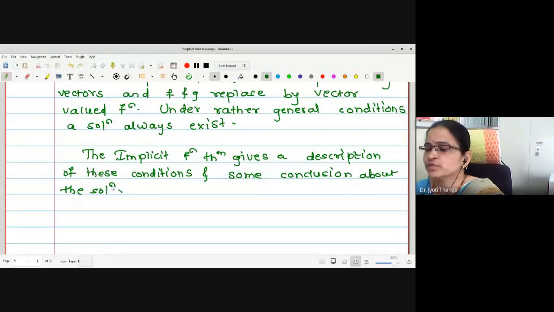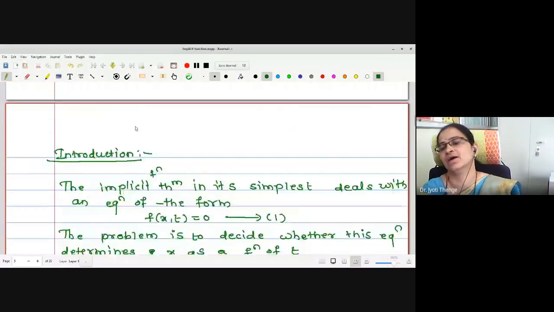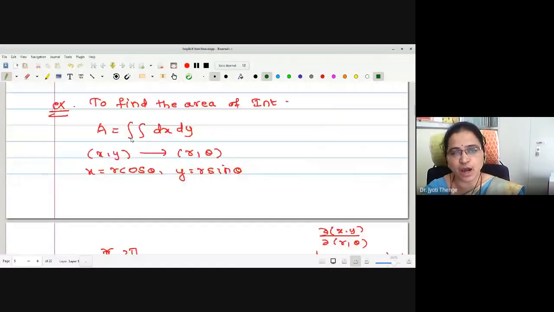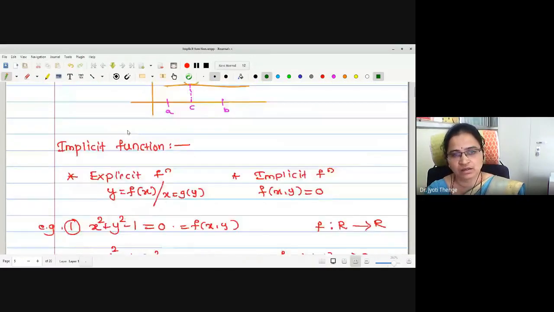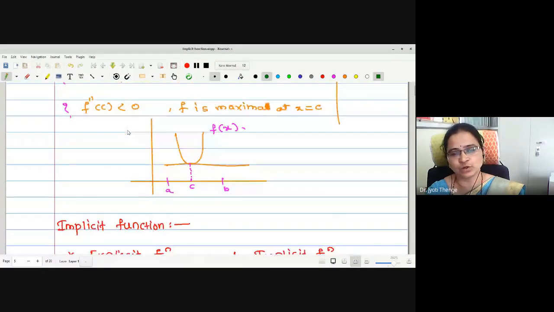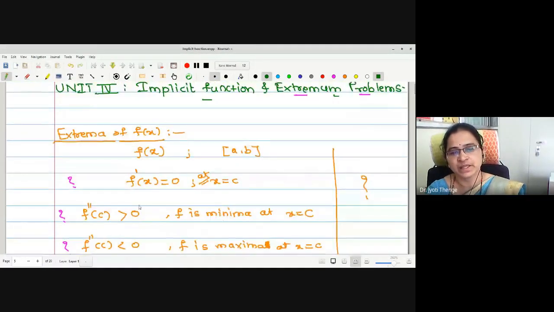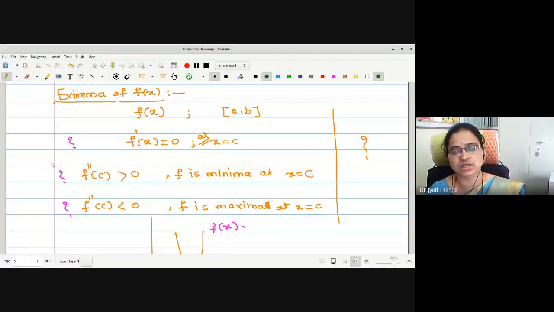This is the introduction of the fourth unit I have given you. I have not started unit number 4 till now. If you have any difficulty up to this, you can just ask me. Otherwise, I will start the topic. The extrema problem will be discussed after the implicit function theorem, because this is actually your today's homework, to find the answers to these questions.